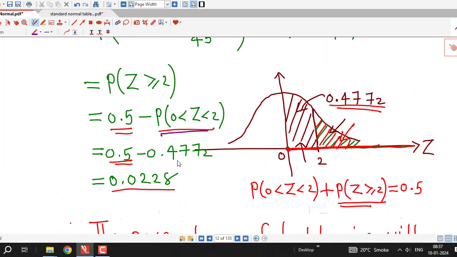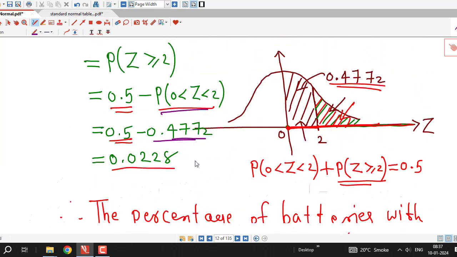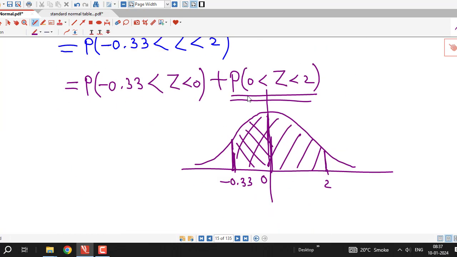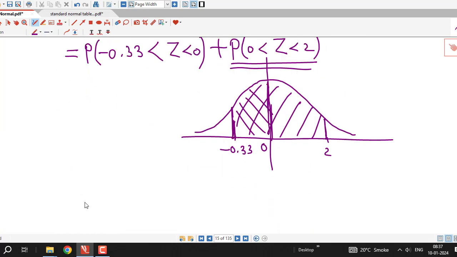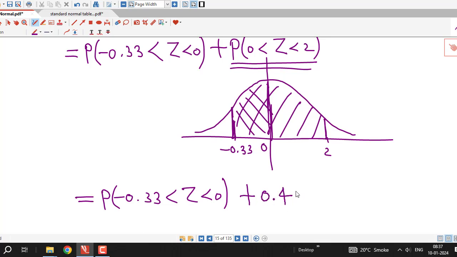This area is given, and that is 0.4772. So this is equal to probability that minus 0.33 less than Z less than 0 plus area between 0 and 2, that is given as 0.4772.